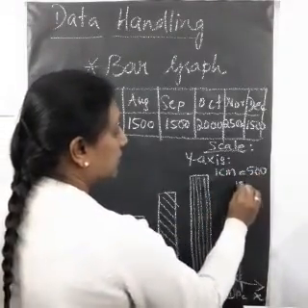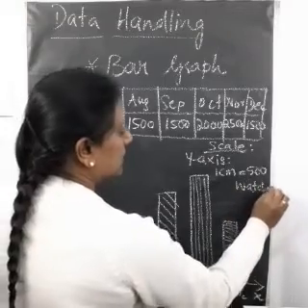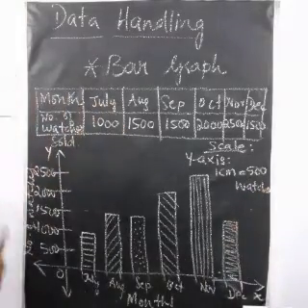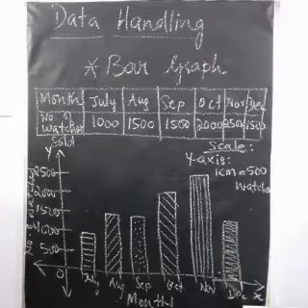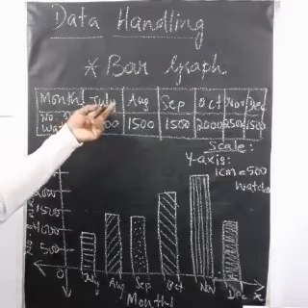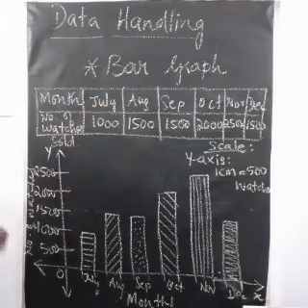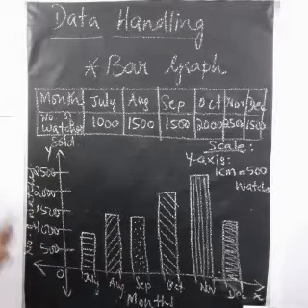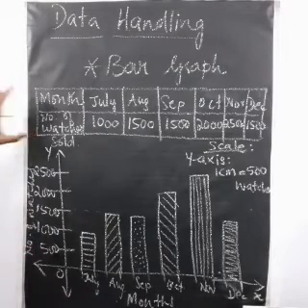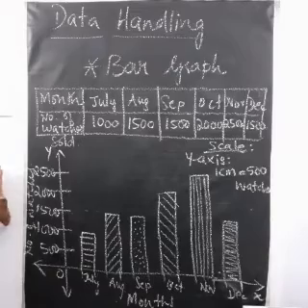So 500 watches. Okay. So this will be my bar graph when the months are given and the number of watches sold are given. Understand? So this is how I have represented this data graphically by using bar graphs.